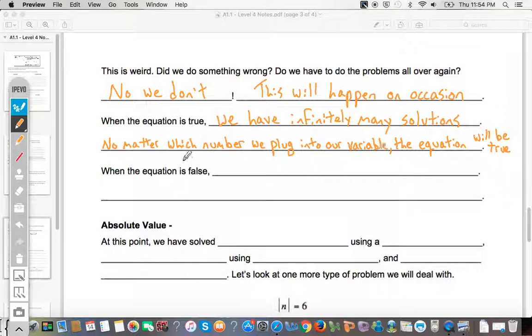Great. So when the equation is false, so that was like our example up here on the right, we say this has no solutions.